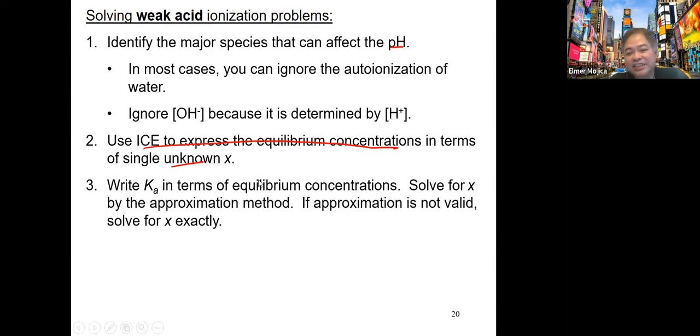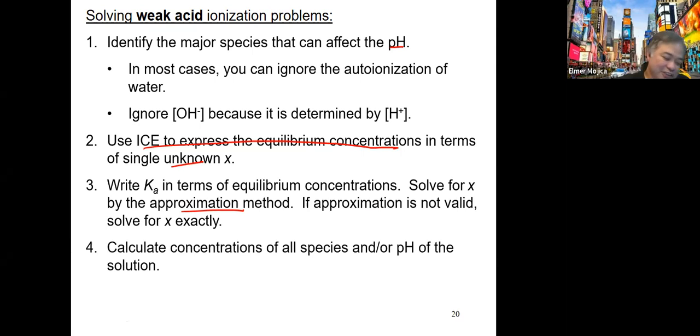Then write Ka in terms of the equilibrium concentrations. You can use the approximation method. If it's not valid, then solve for X exactly using the quadratic formula. Then you calculate the concentrations of all species, especially the one that will give you the pH.